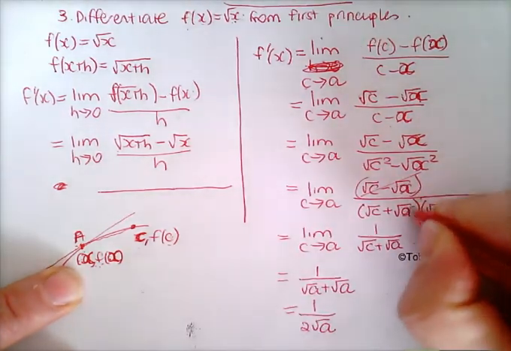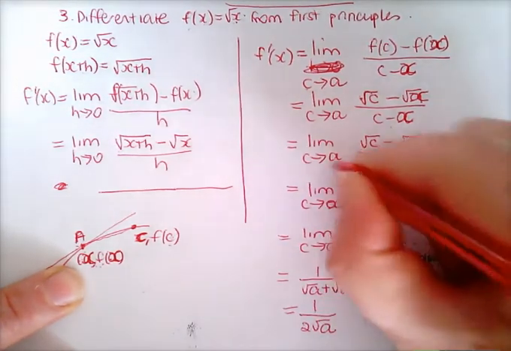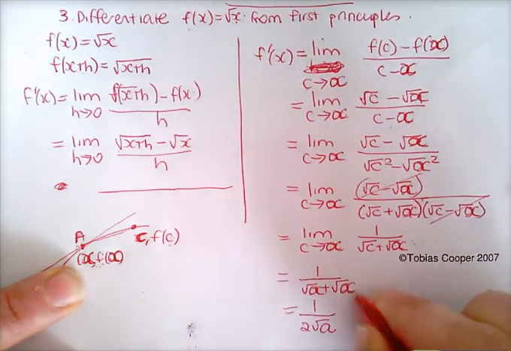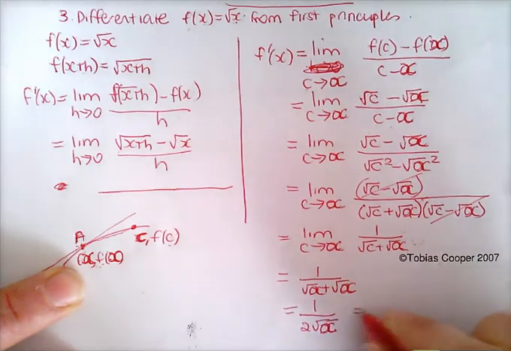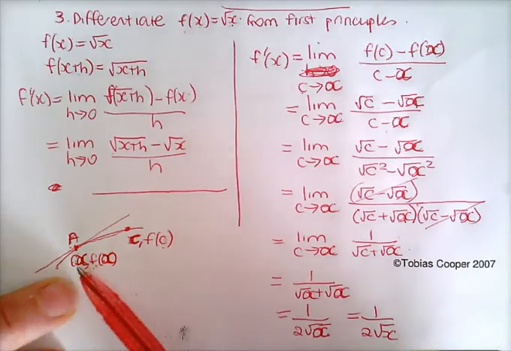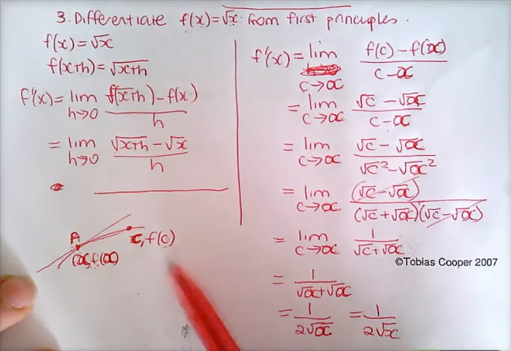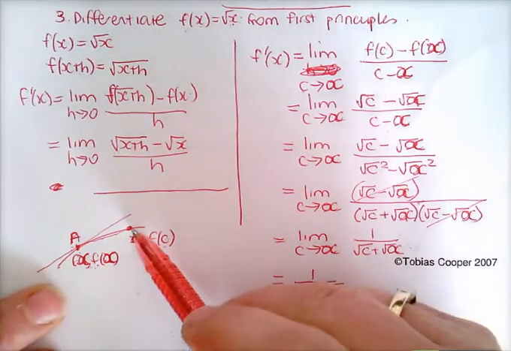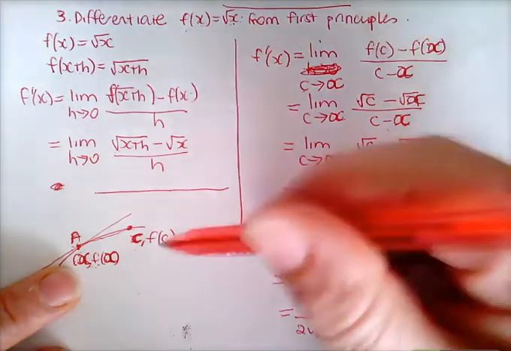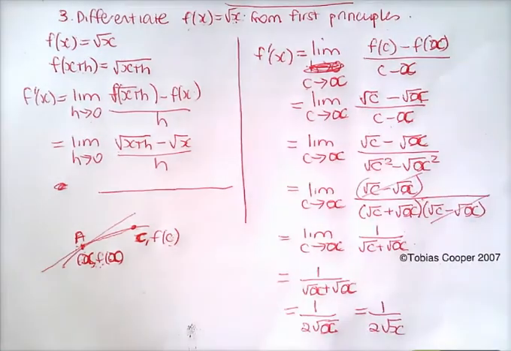And if I do that, replace all the a's with x's, I get 1 over 2 root x, okay? So sorry about that. Call this function of x, call this function of c, or any other pronumeral that you want, okay? And it'll be the limit as this value c approaches this value x, of function of c minus function of x over c minus x. And you will end up with 1 over 2 root x.